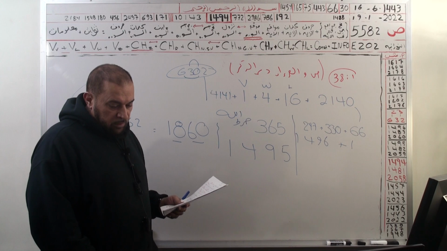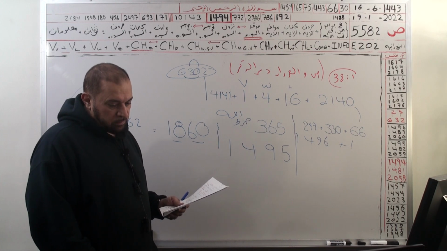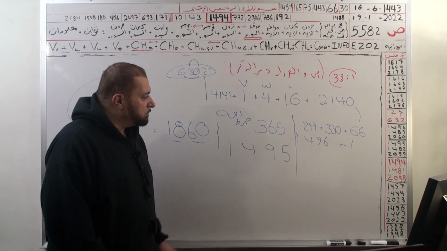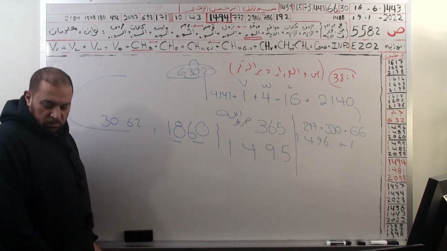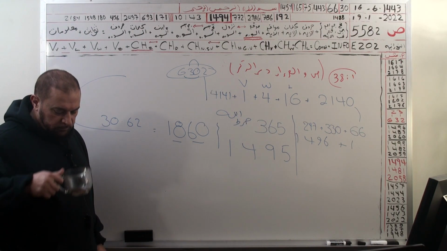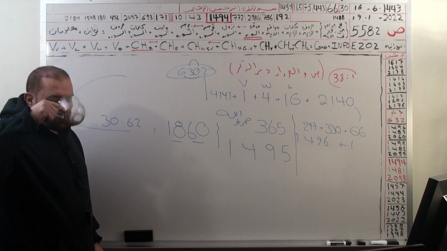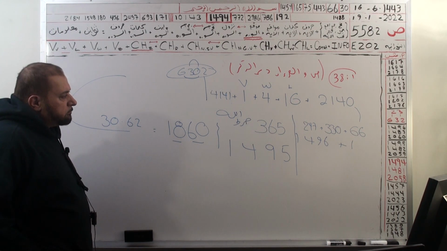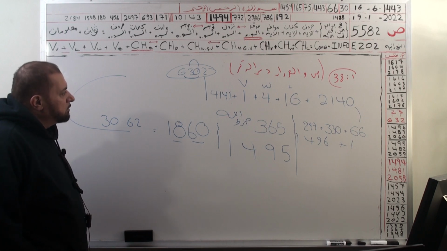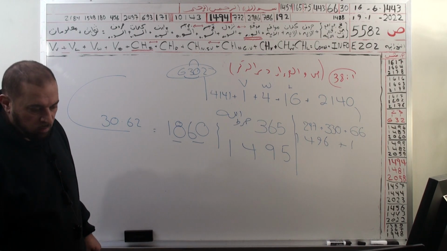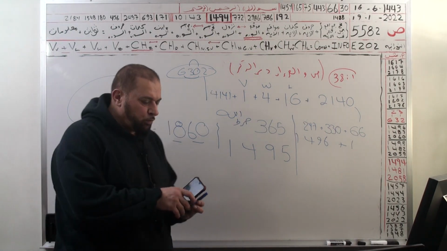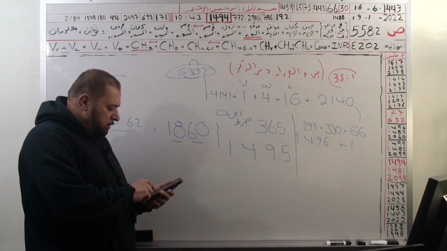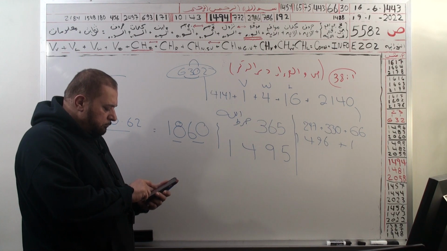Let me see. Hey, Habibi, listen. Here, look at this. I'm going to decode this number, 6302, with the letter Saad, with the letter Sirat.